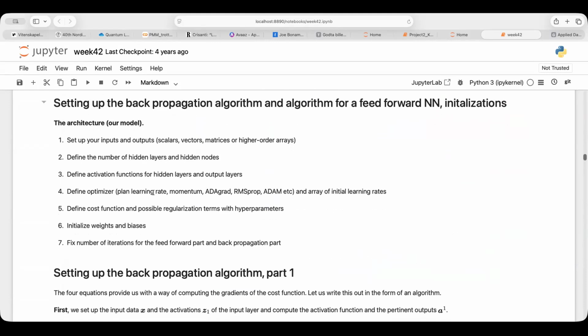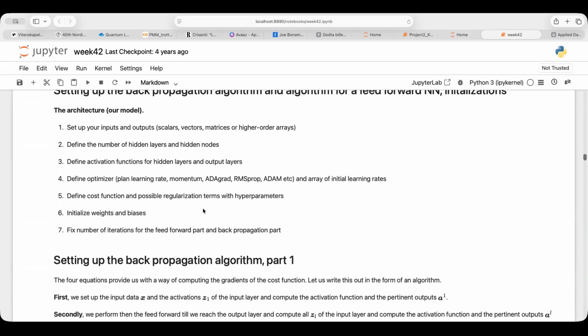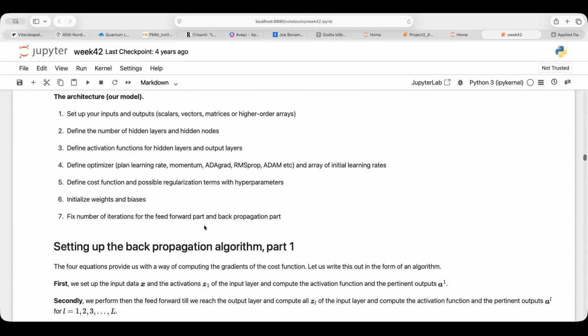If you're fitting a function, there is only one output, the function value, and then normally you don't have an activation function for the output layer. You need to define the optimizer which you want to implement, and we are going to try root mean square propagation and Adam in project 2. We are going to define the cost function, regularization terms, initialize weights and biases, and fix the number of iterations for the feed forward and the back propagation part.